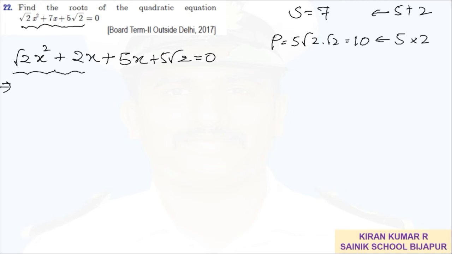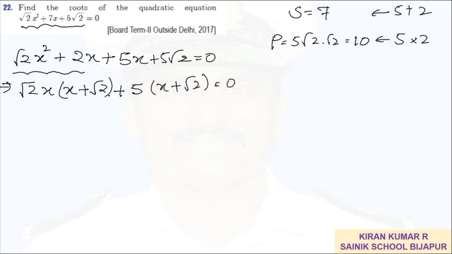Now observe, I'll take root 2x as common. I'll be getting x plus root 2. The reason is 2 is nothing but root 2 multiplied by root 2. Same way, 5 is taken common. I'll get x plus root 2 equal to 0.